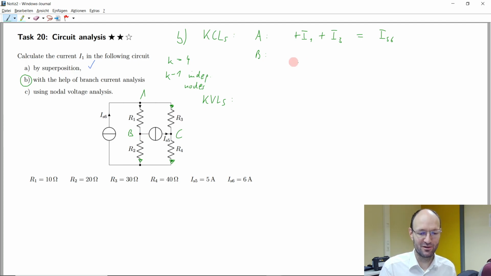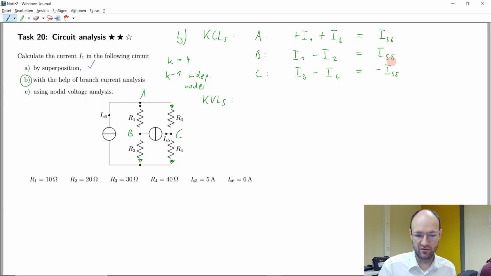do you want to directly continue? Exactly, is the same as IS5. And for the node C, exactly.